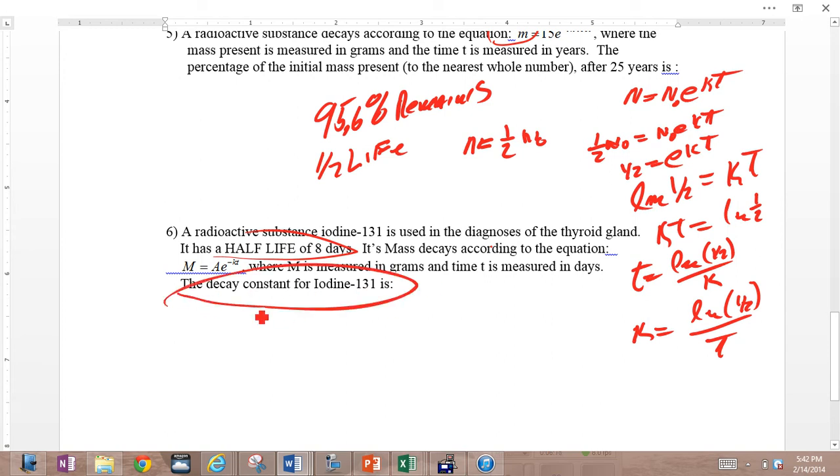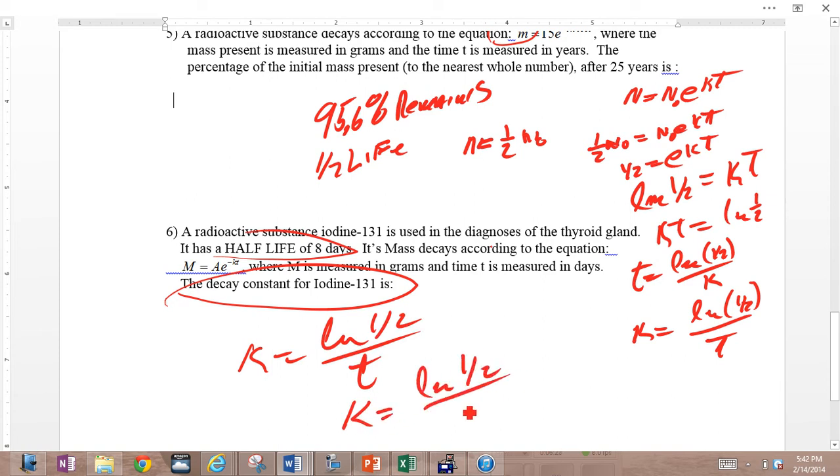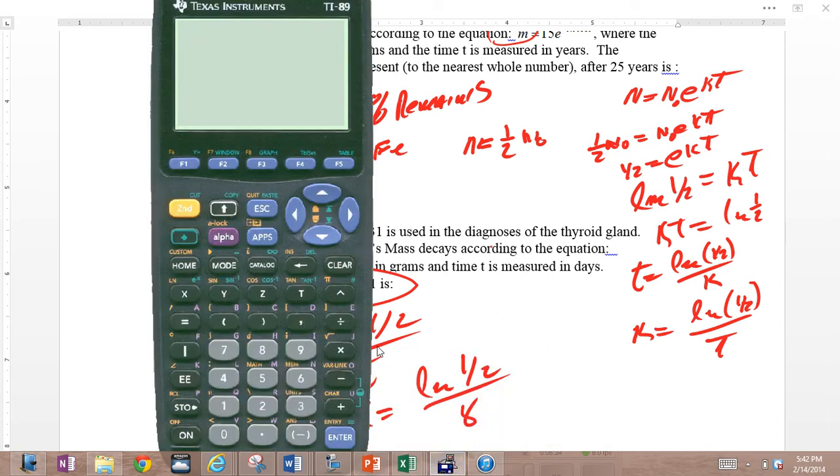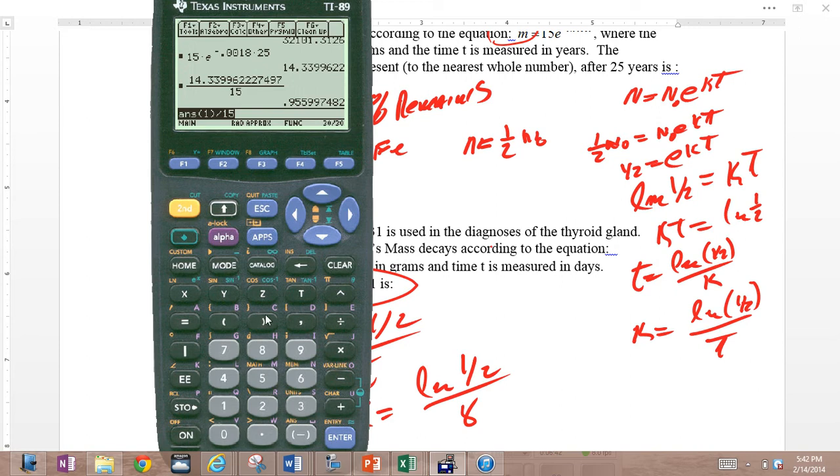The constant k is the natural log of 1/2 over the time. So k is going to equal ln of 1/2 over 8. It should be negative, because the natural log of anything between 0 and 1 is going to be negative. Turn the calculator on.